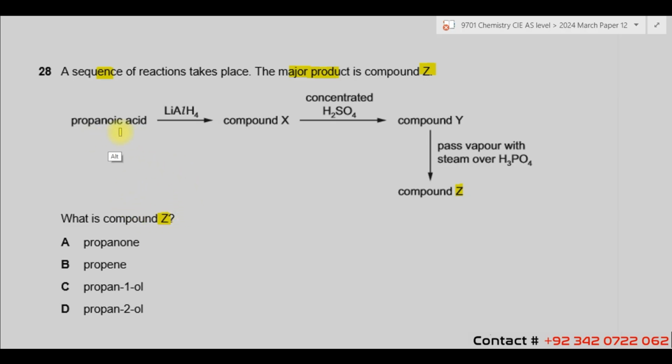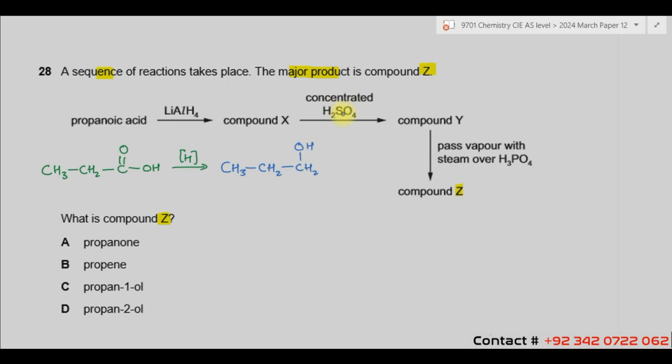So we can do the reaction. Propanoic acid is a 3 carbon carboxylic acid, CH3, CH2, C double bond O, OH. LiAlH4 is a powerful reducing agent, so it can reduce propanoic acid into a primary alcohol. So a 3 carbon alcohol, CH3, CH2, CH2, OH.